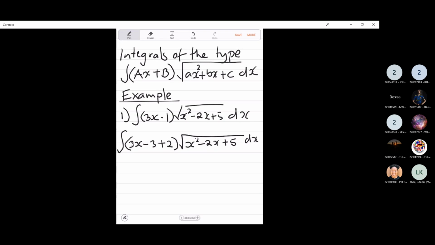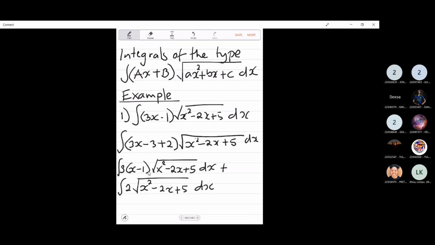So I have 3 times x minus 1 times the square root of x squared minus 2x plus 5, and then the second one is the integral of the square root of x squared minus 2x plus 5, dx. This x minus 1 is not exactly the derivative, because I need a 2 there, so I can multiply by 2 and then divide by 2 outside.